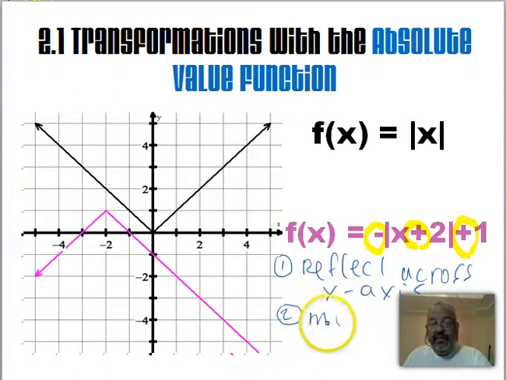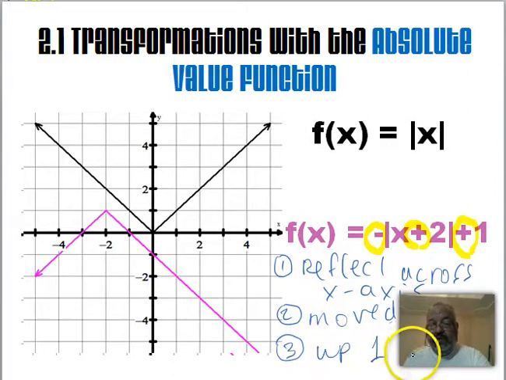Next, it moved left 2 units. And the third thing that happened, it moved up 1 unit.